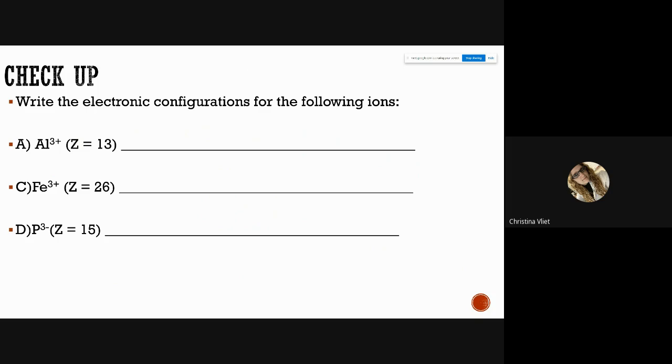As you're working through these practice questions, I have your homework. The homework is due, remember, the night before the next class. So this homework is based off of the first 2 lessons, which is atomic structure and electron configurations. I'm passing this out.